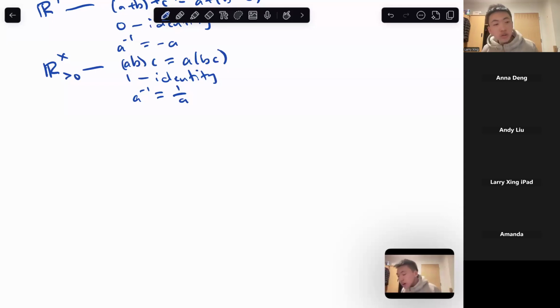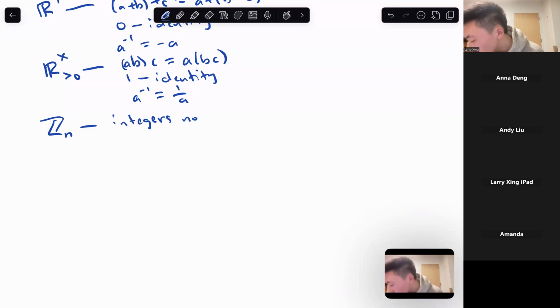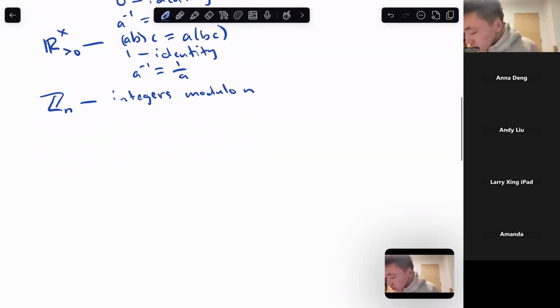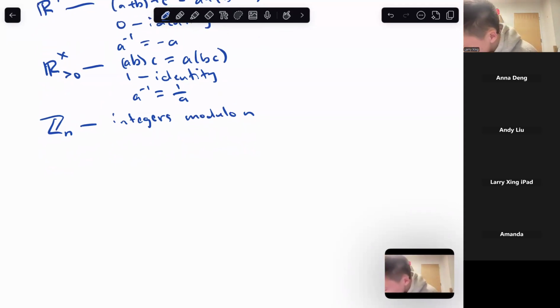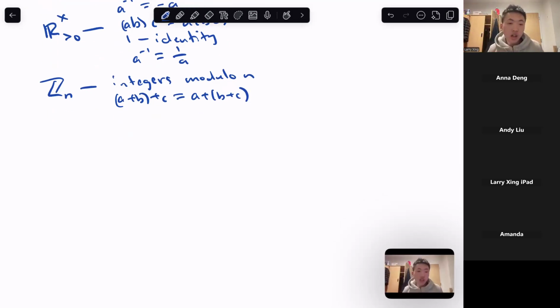What finite groups might exist? For example, if you've ever done any modular arithmetic, there is the group Z_N, which is addition, basically integers modulo N. And in this case, you have A plus B plus C equals A plus B plus C. This is obviously associative.